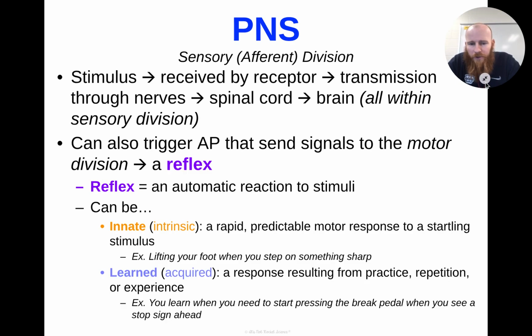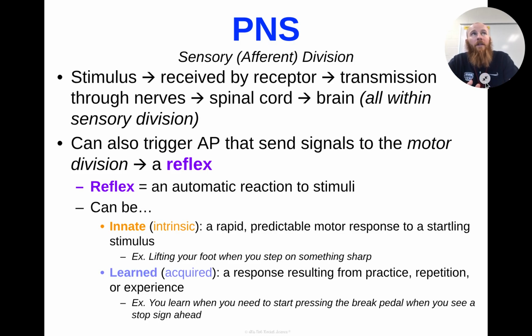A learned or acquired reflex is something that I have to acquire through practice, repetition, or experiences. Okay, so if I learn when I need to start pressing the brake pedal when I see a stop sign because I'm learning how to drive, that's a reflex that I have to acquire. It's not something that I was born with, like sharp objects hurt, remove yourself from a sharp object.